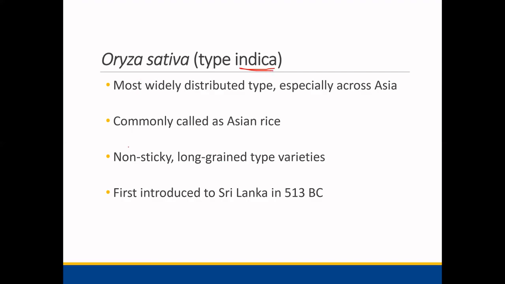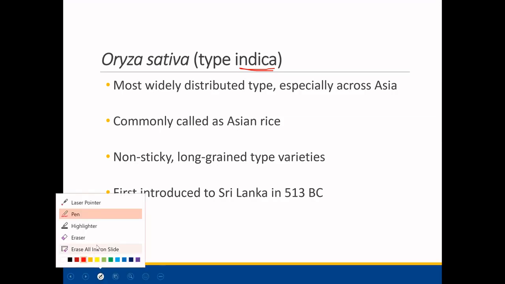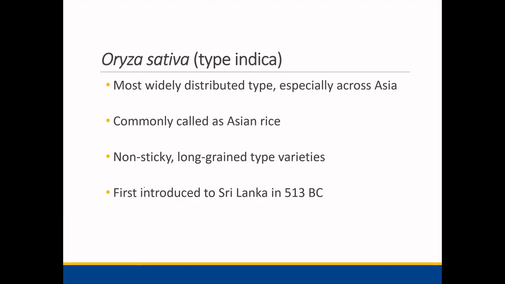That's why it's commonly called Asian rice. If you look at the characteristics, it has non-sticky, long grain type varieties. Most of the rice we grow across Asia, including Sri Lanka, is Oryza sativa type indica.